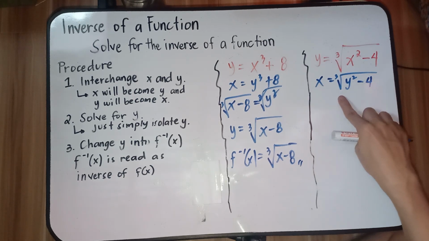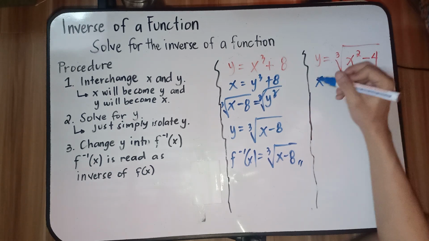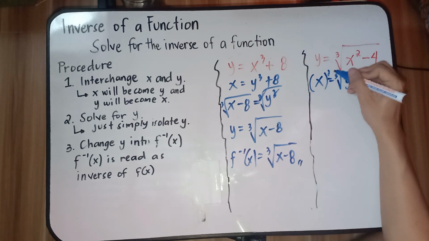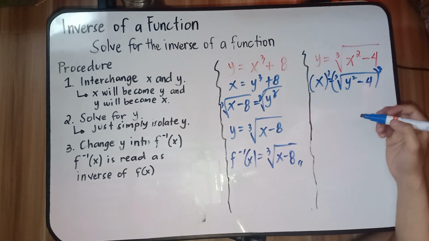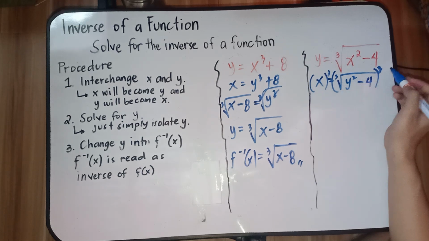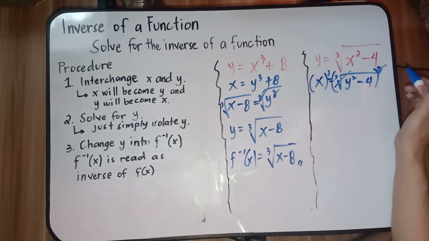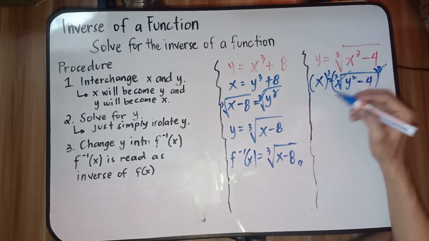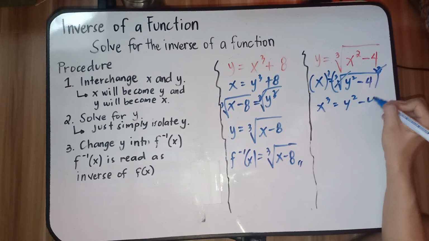So to cancel this one, we need to raise both sides by 3 since we have cube root. So raise to 3 and raise to 3 on the other side. Since we have cube root and raise to 3 or cube, we can cancel cube root and cube. Therefore, we have x raised to 3 is equal to y raised to 2 minus 4.